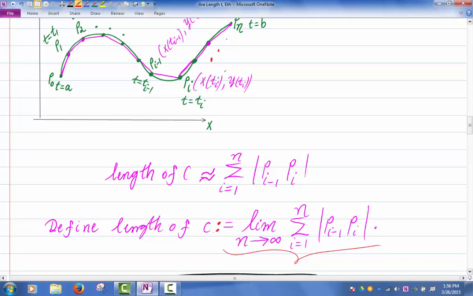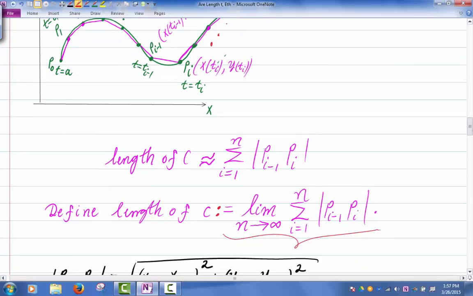You pick points on the curve. You look at line segments between consecutive points. You take the total length of the line segments. That's an approximation to the length of the curve. And then you just see what happens as you pick more and more points. As you pick more and more points, the total length of the line segments will converge to a number, and whatever that number is, that's the length.